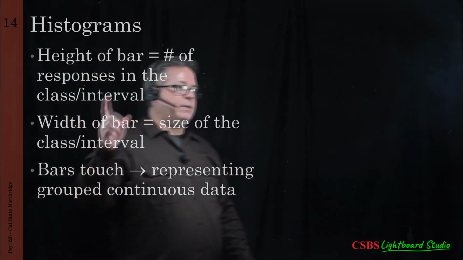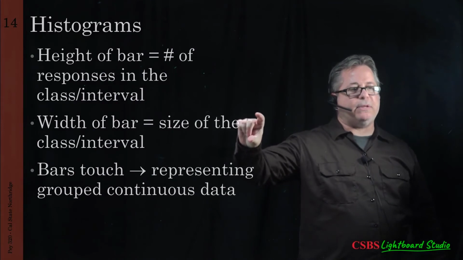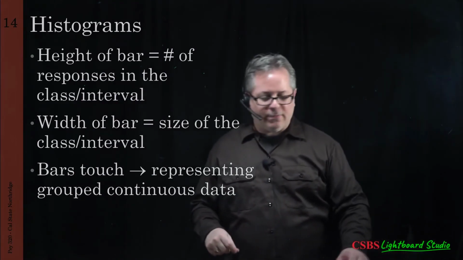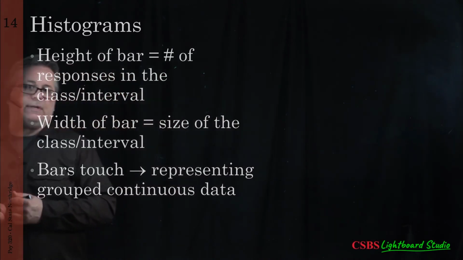So the height is the number of responses in that interval, and the width is telling you something about the size of the interval. But here's the part that's actually important to tell the difference between a bar graph and a histogram.